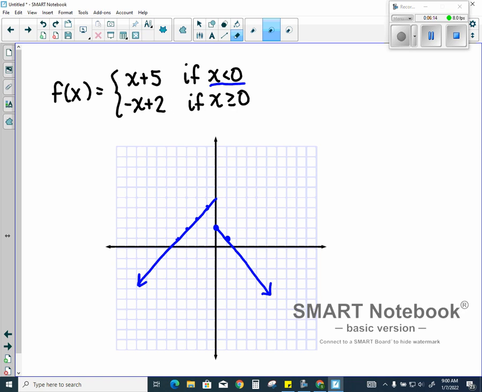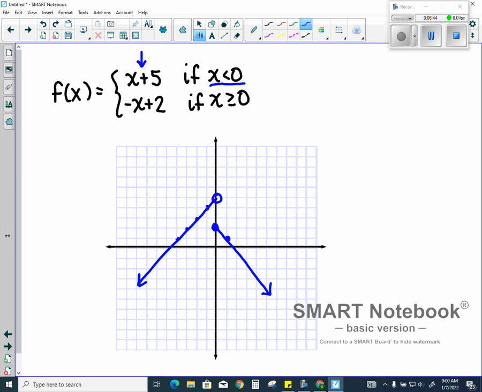So what I have to do is cheat, and plug the 0 in here just to see where I would be, if I could be on that expression, on that line. And so I'm going to leave an open circle there at 0, 5. Okay, it's not actually a point on my graph, but I'm going to leave an open circle there to indicate that the line comes right up to that point.